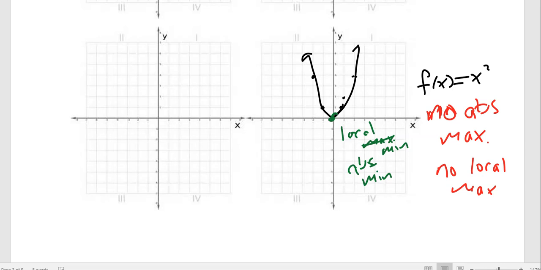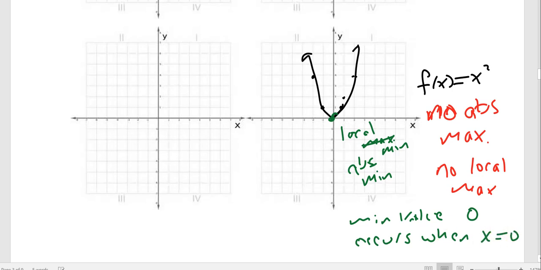So just look at graphs when you're looking for absolute minimums and absolute maximums. In this case, the minimum value is 0, because that's the y coordinate, right? And this occurs when x equals 0.